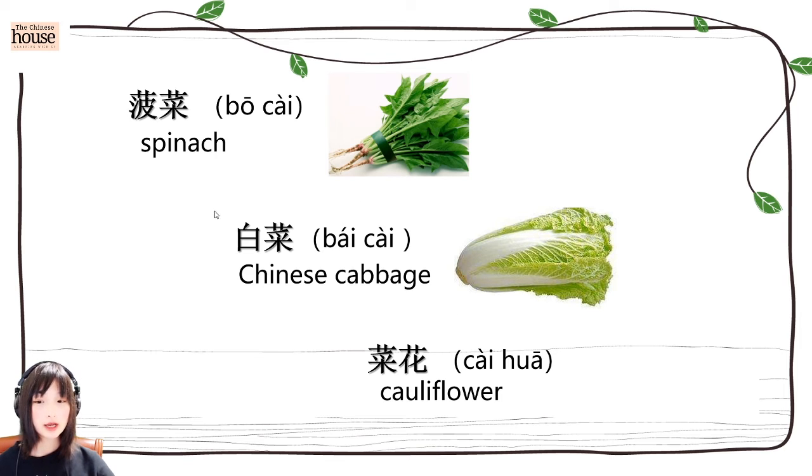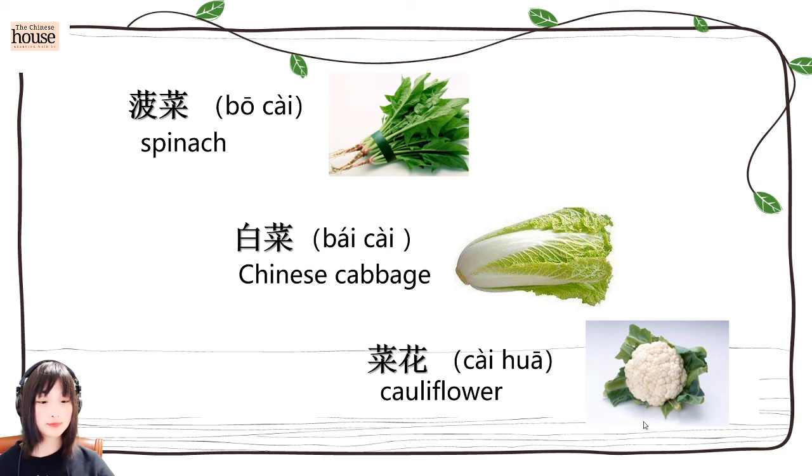白 which means white, 菜 which means vegetable, so white vegetables, 白菜. Cauliflower, 菜花 or 花菜, both okay.